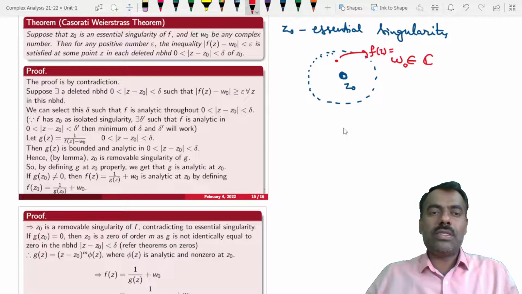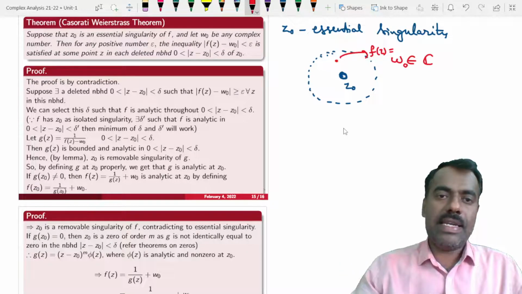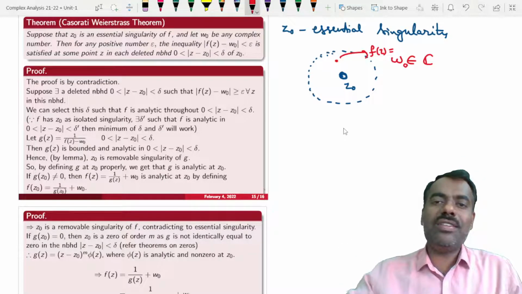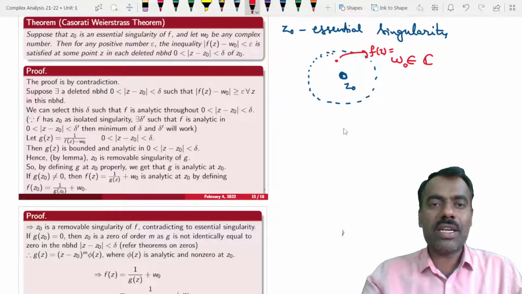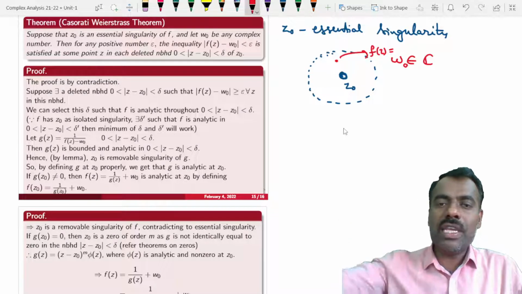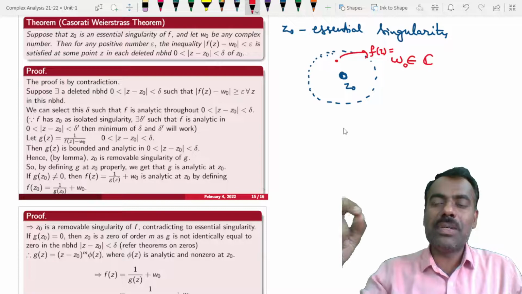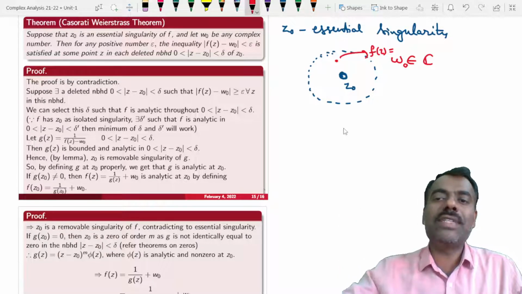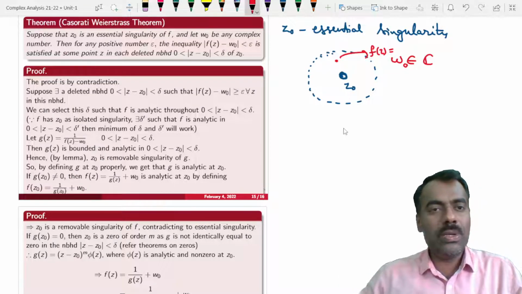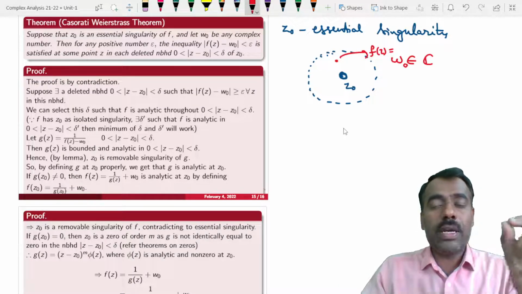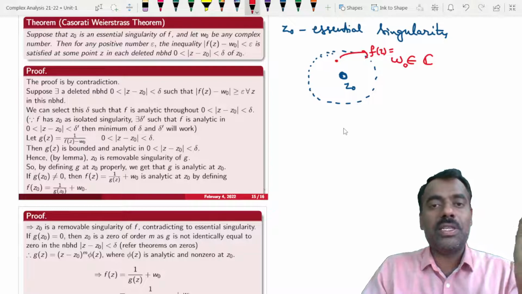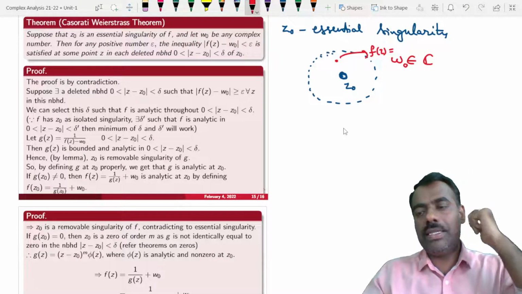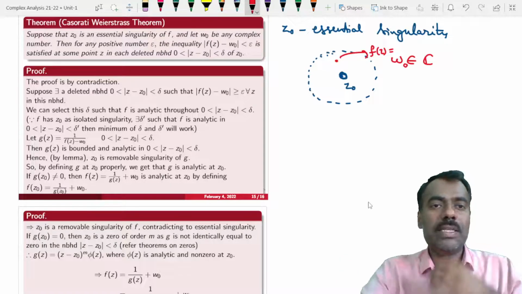Again, let's understand: if z naught is an essential singularity, then there exists a neighborhood of z naught where, given any complex number w naught, I can find some z from that neighborhood such that f of z is very close to w naught. So every complex number has some approximation from f in this neighborhood. That is a very strong result.